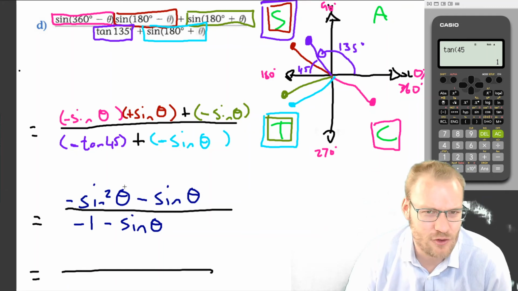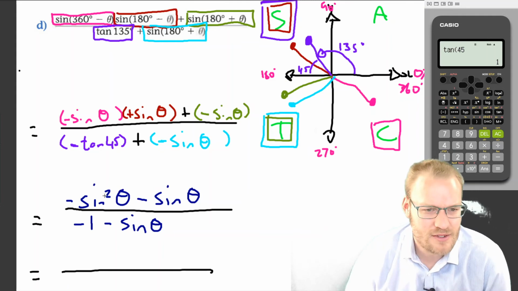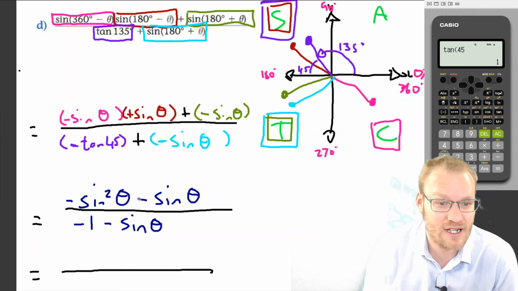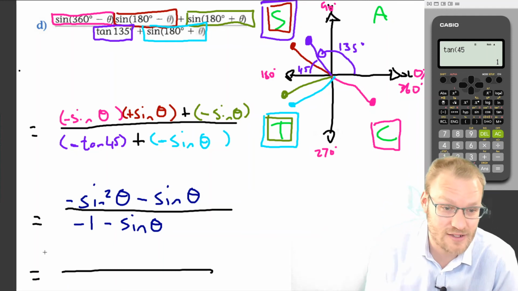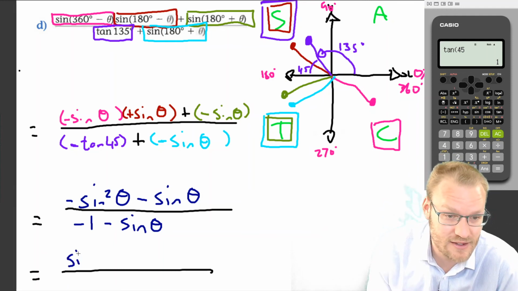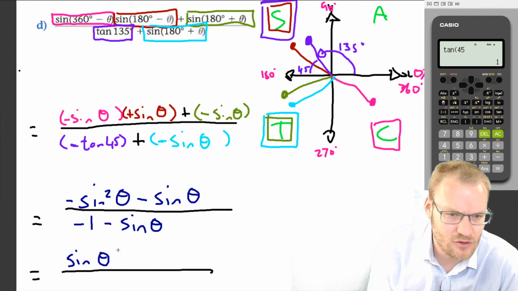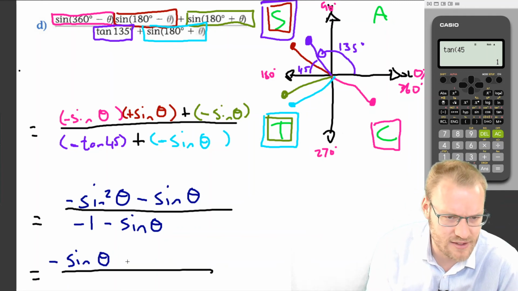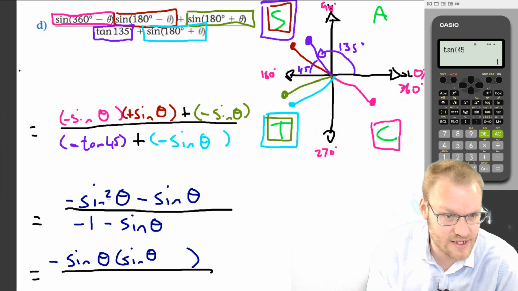If we're simplifying, it would be nice if we had one term over one term. Sine squared theta, sine theta, there's a common factor here. We could take out sine theta as our common factor. So if we took out negative sine theta, then negative sine theta times sine theta would give us negative sine squared theta.